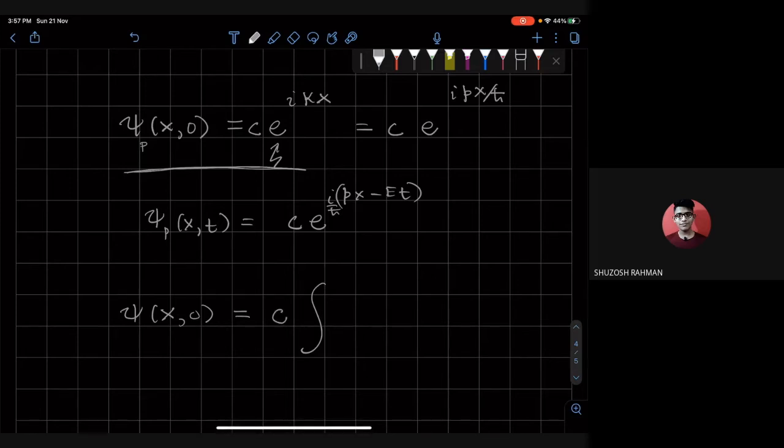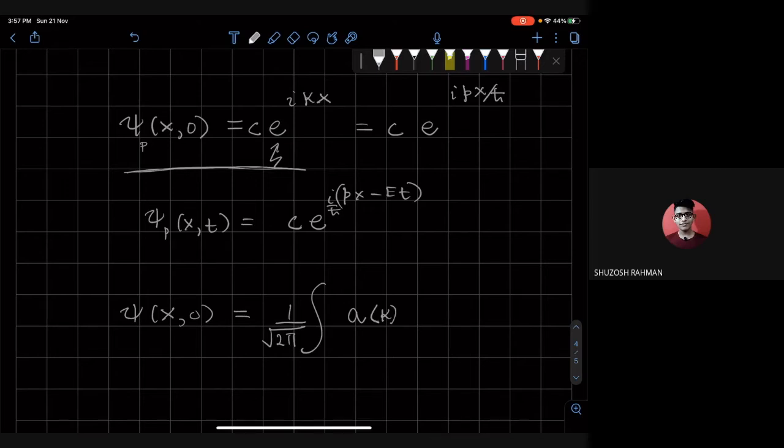Let's call this psi of x. We can take an arbitrary linear combination, and the coefficients of the linear combination, let's call them A_k over 2 pi.